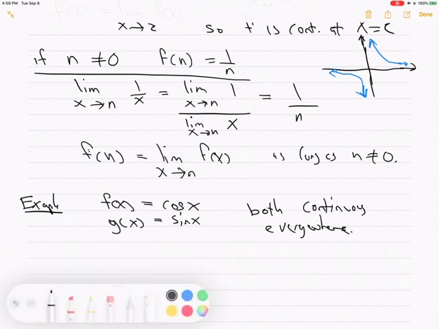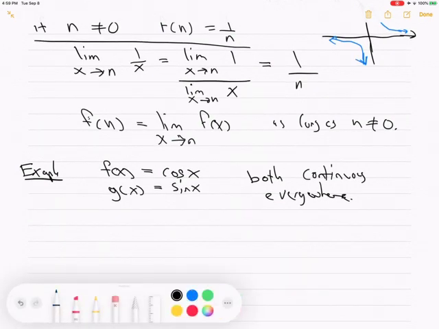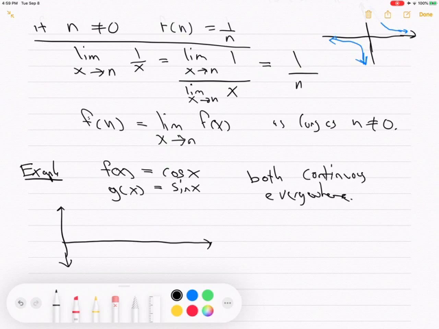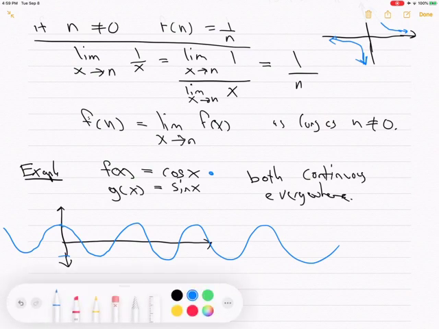We can just look at the graphs of these things. So we know what the graphs look like. Let's do cosine in blue. The graph of cosine looks like this. It oscillates between 1 and negative 1. It goes on forever in both directions, so it's clearly continuous.